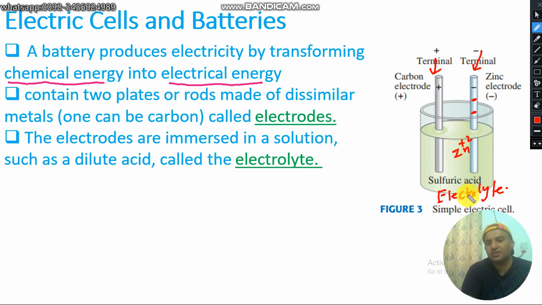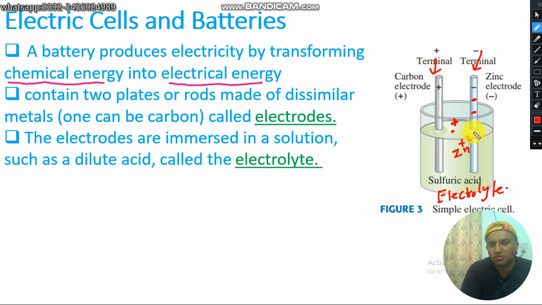The sulfuric acid is in the form of positive and negative ions, because a dilute solution means it is separated into positive and negative ions.